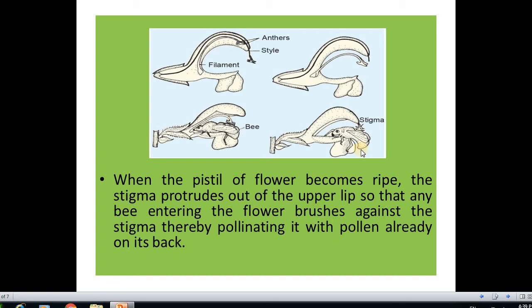When the bee goes inside the flower, friction occurs with the stigma, so the pollen grains on the back of the bee stick on the stigmatic surface. In this manner pollination occurs in Salvia. This is the mechanism known as the lever mechanism.